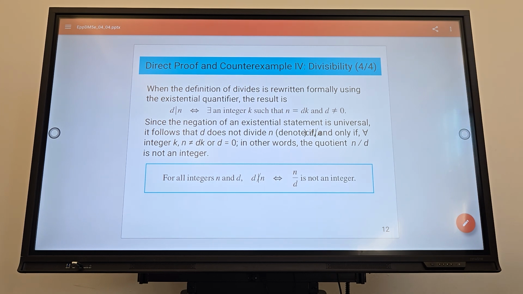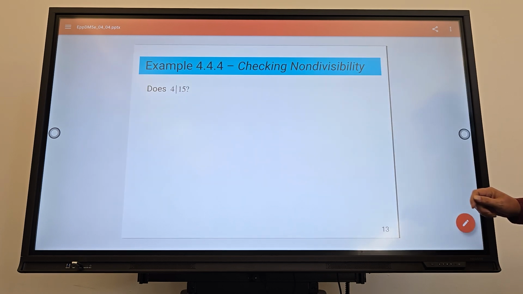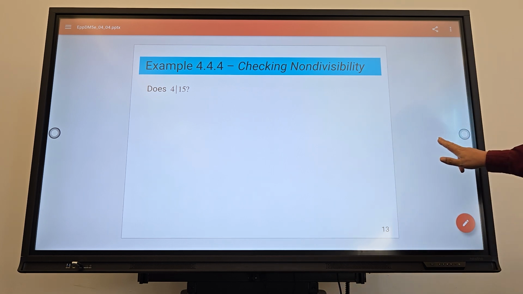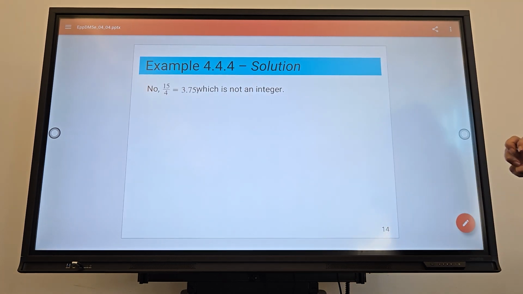In other words, the quotient n over d is not an integer. Does 4 divide 15? No, because the quotient isn't an integer.